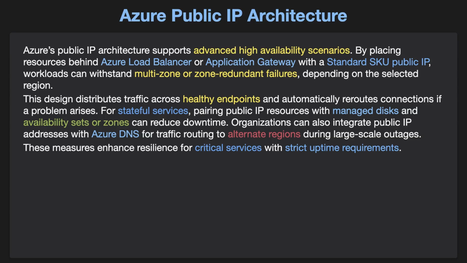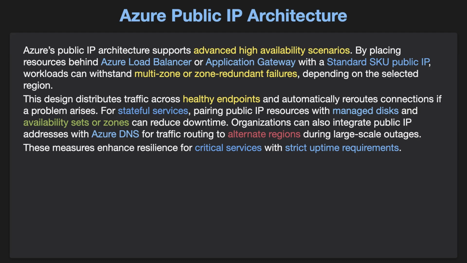Azure's public IP architecture supports advanced high-availability scenarios. By placing resources behind Azure Load Balancer or Application Gateway with a standard SKU public IP, workloads can withstand multi-zone or zone-redundant failures, depending on the selected region. This design distributes traffic across healthy endpoints and automatically reroutes connections if a problem arises.